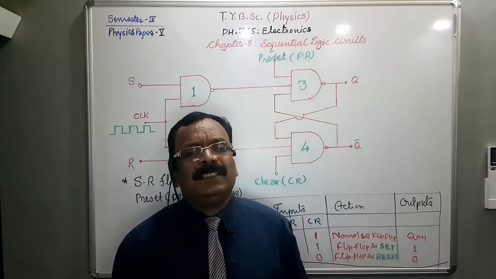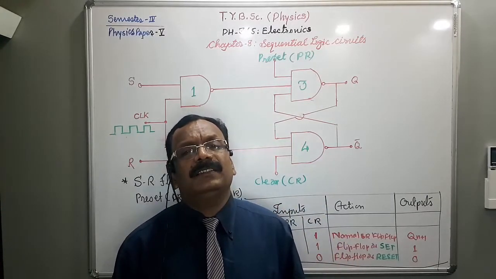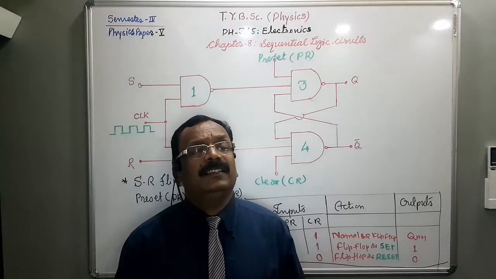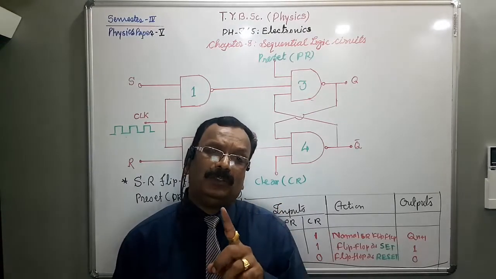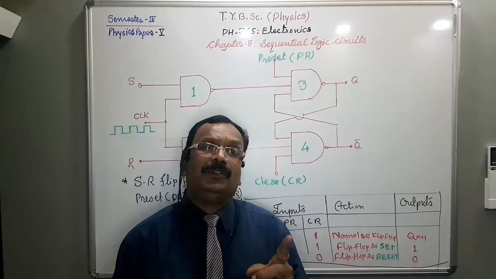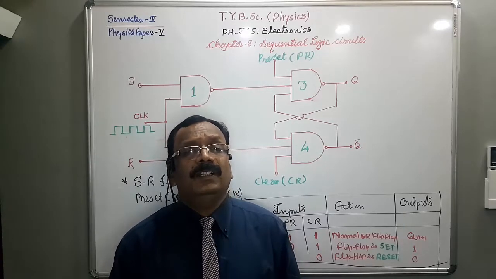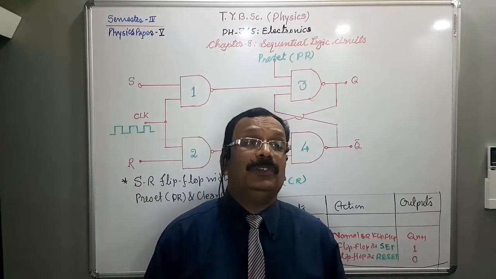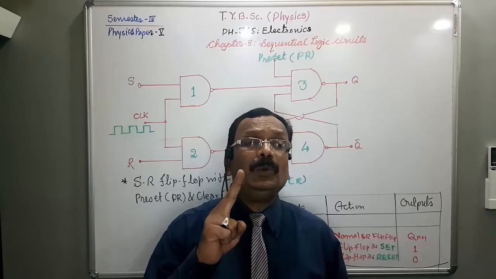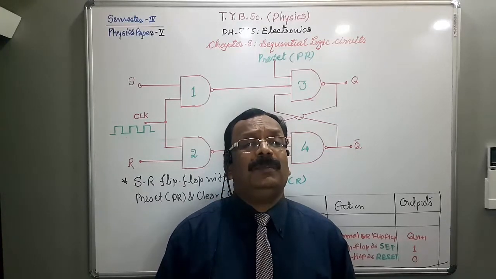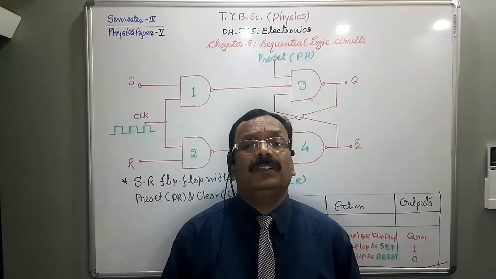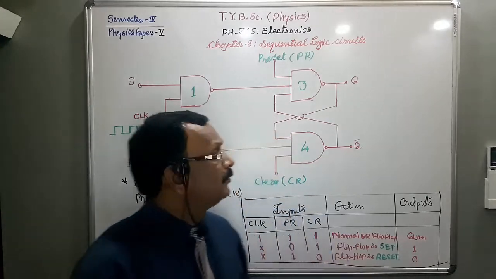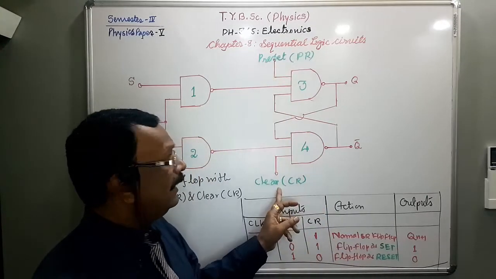Now in many applications it is necessary that the output of the flip-flop initially is either reset, that is Q is equal to 0 and Q bar is equal to 1, or set, that is Q is equal to 1 and Q bar is equal to 0. This initial setting of output can be practically achieved by adding two more input terminals to the flip-flop, and these two input terminals are called preset and clear.